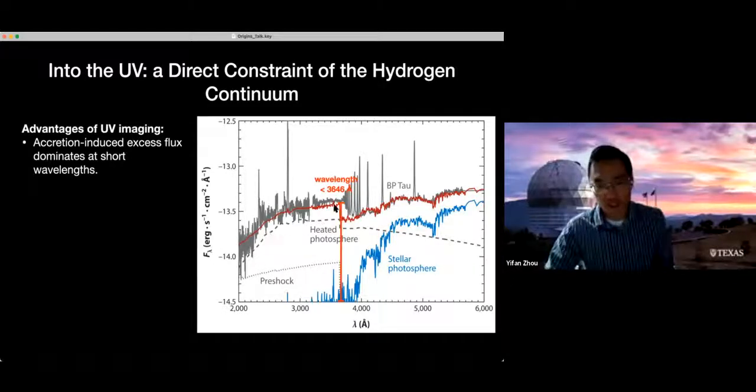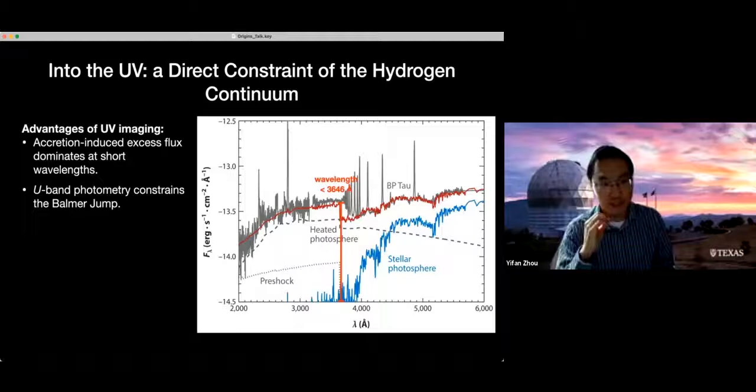And if we can target the object at a wavelength lower than the Balmer jump, we'll have some constraint of the Balmer jump coming from the hydrogen continuum emission from the planet.